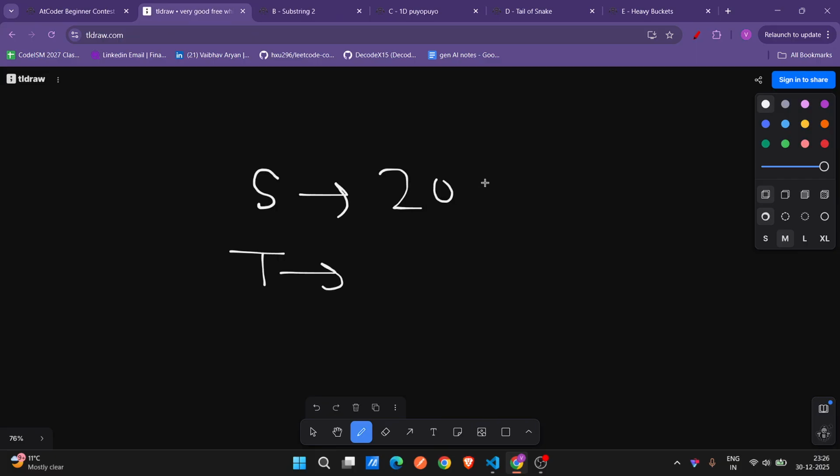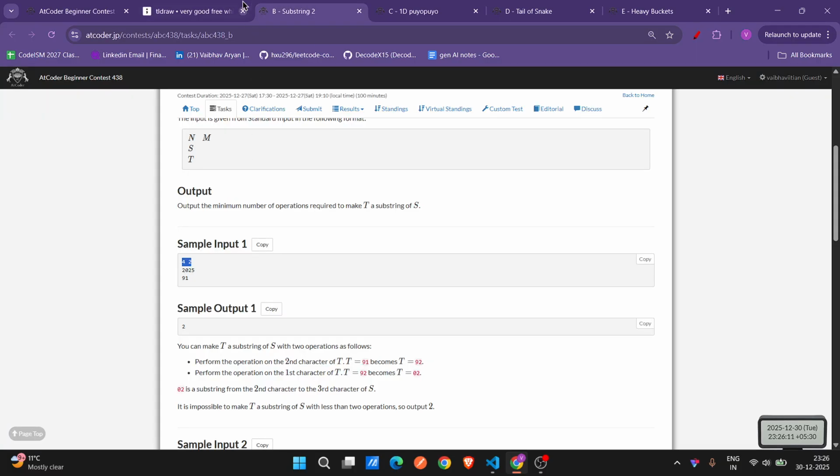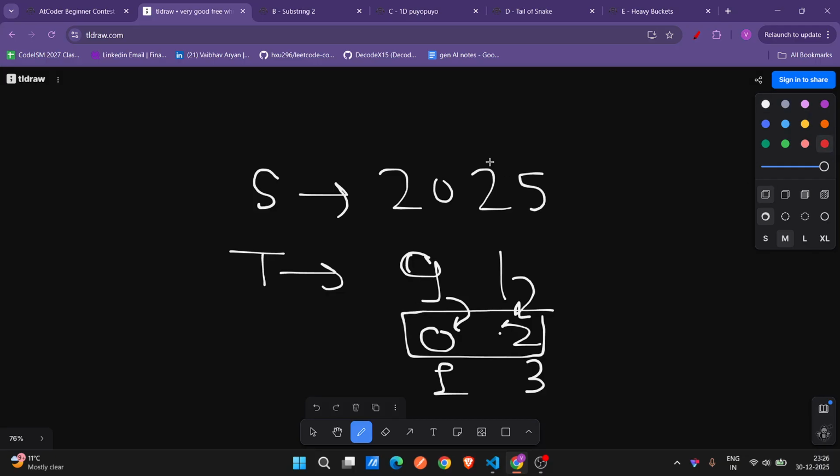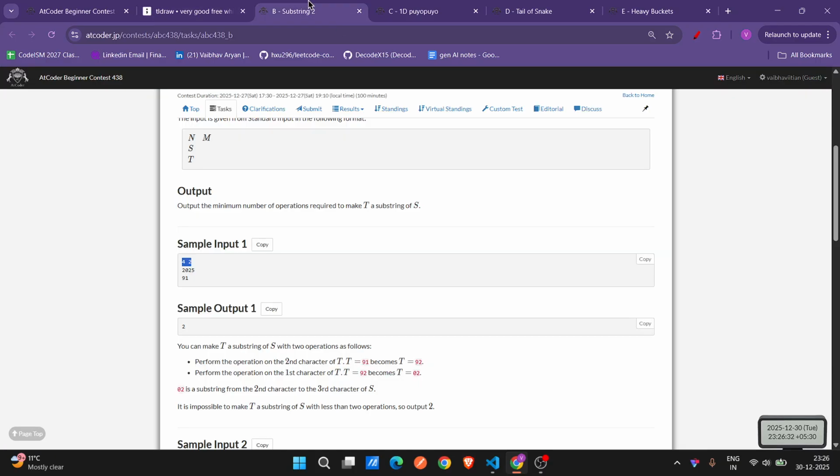So you have 2025, and 91. What are they saying? You can increase the characters, so 9 you can make 0, then 1, 2, 3. But if you increase this 9 to 0 and make it 1, you can do it here, then you can do it here. So you got it here and you have this also here, which means you got a contiguous subsequence.